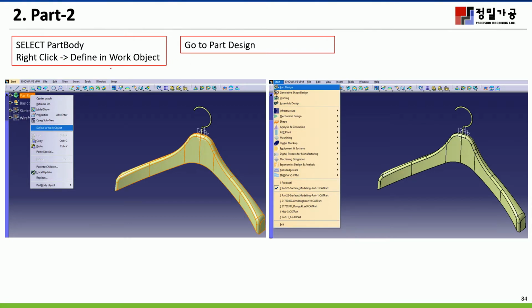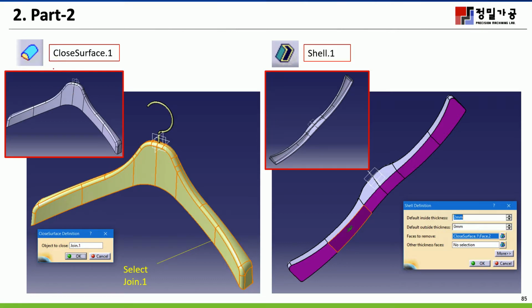And we create a new solid. So go to part body, define in work object, and go to part design, of course. And for the first solid, you select closed surface for join 1 and create shell in here.